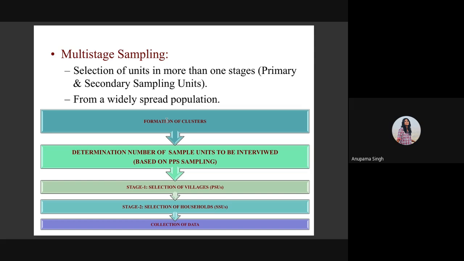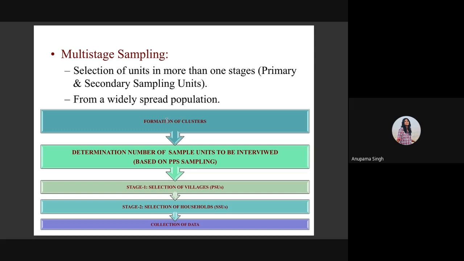Normally what happens is the population that we are enumerating or studying is very large and very diverse in nature. A lot of the time it happens. Okay. So when we have that kind of population, any one particular technique might not be good enough for collecting the data. So we use multi-stage sampling.